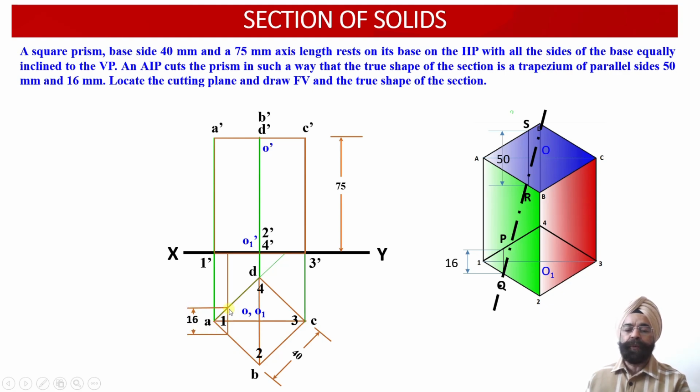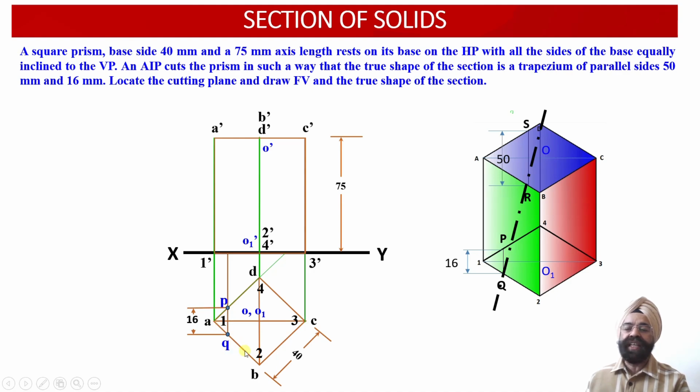So this vertical projector we have drawn in such a way that it lies 8 millimeter above the diagonal 1, 3, and 8 millimeter below the diagonal 1, 3 over here. So now these 2 points P and Q have been located onto the adjacent edges.